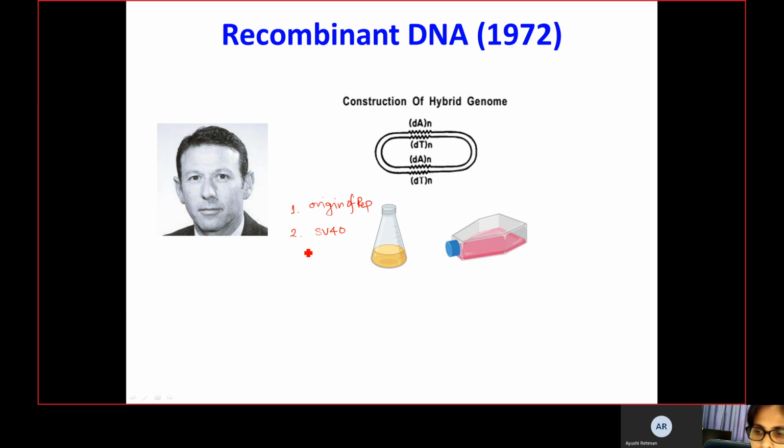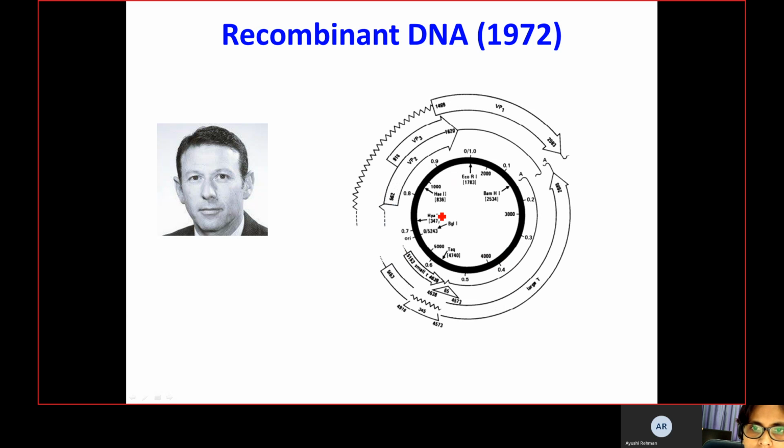For example, if we see this construct of SV40, it expresses early genes and it expresses late genes, as can be seen here. Now if you use this SV40 to generate your protein of interest, that means you are going to cleave at this end or anywhere at this end.